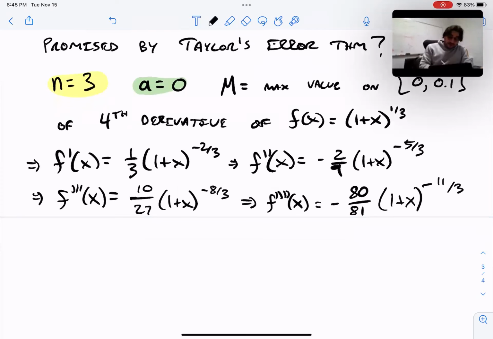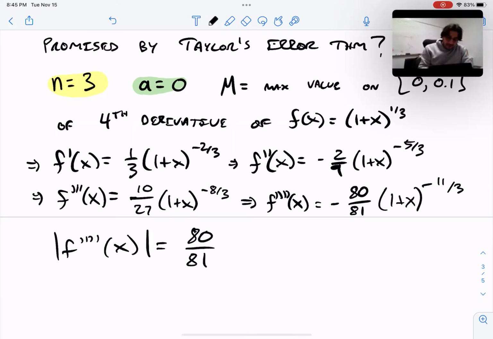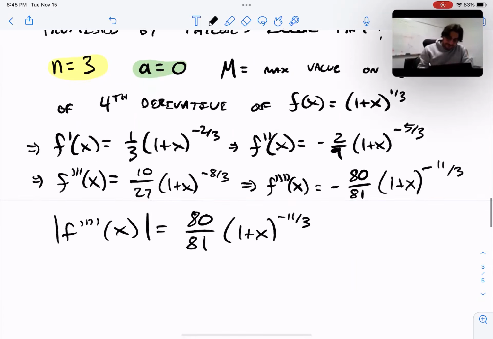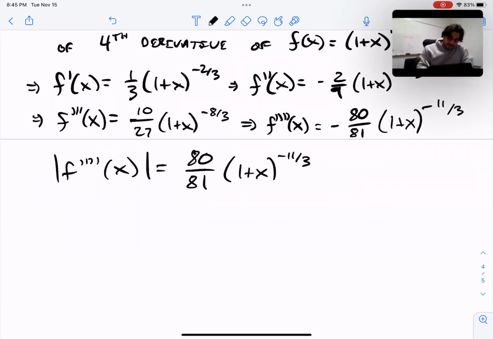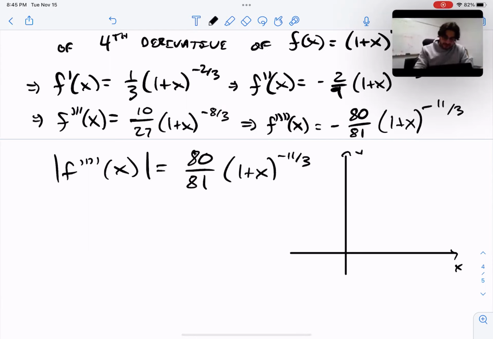So now, what is the absolute value of the fourth derivative on the interval we're interested in? We have our fourth derivative in absolute value. That's just going to get rid of that negative sign, at least on that interval. So what does this look like? What would the graph of this function be?